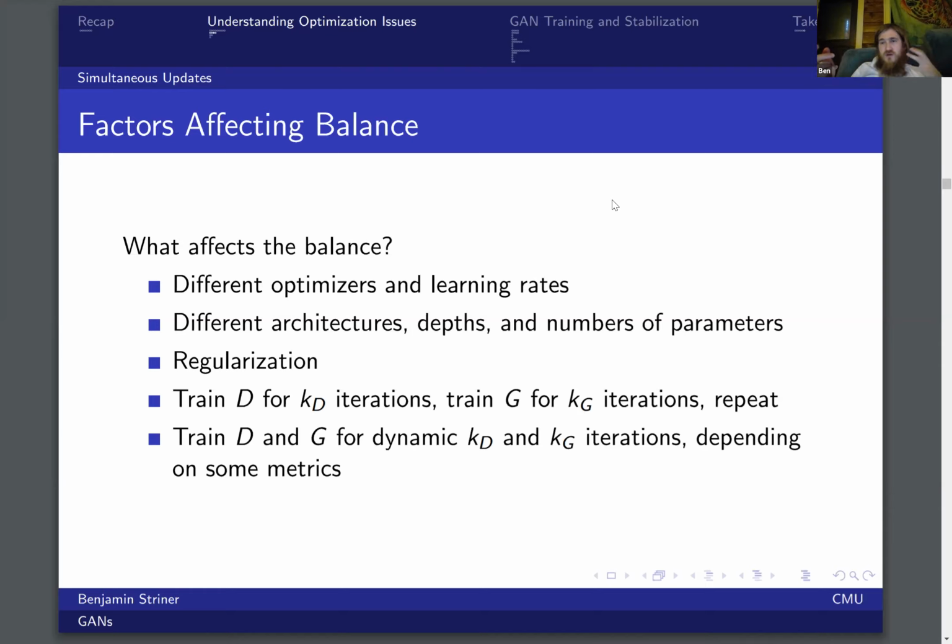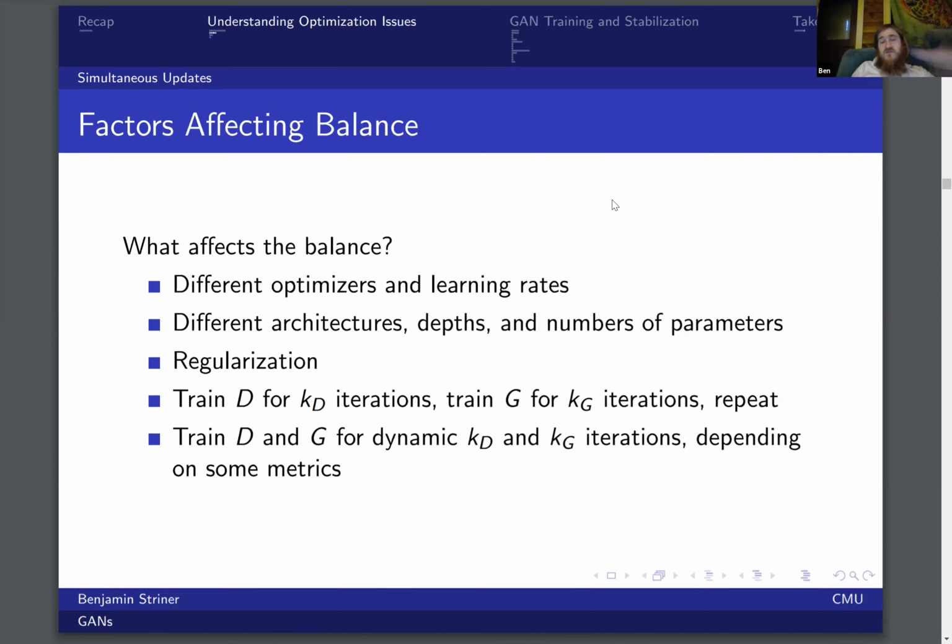really small, simple network. If you have regularization in one network or something else that's making it harder for one network to learn than the other network, if you increase regularization on your discriminator, in effect, your discriminator is going to train a little bit slower than it was training earlier, and that can affect the balance of your GAN.